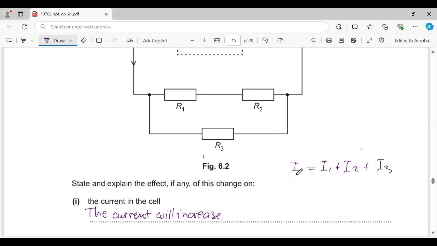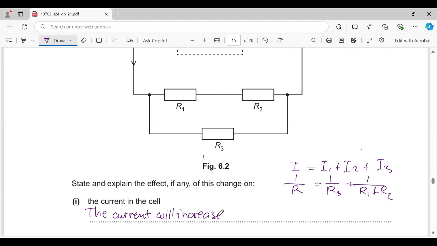The resistance will be 1 over R equals 1 over R3 plus 1 over R1 plus R2, because R3 is parallel to R1 and R2.